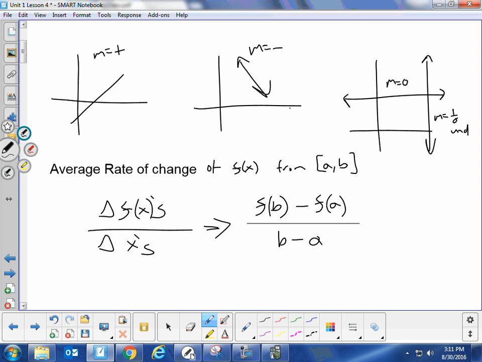What does that look like? Slope of the line. An average rate of change of the function is the same as the slope of the line that is connecting 2 points on the function.